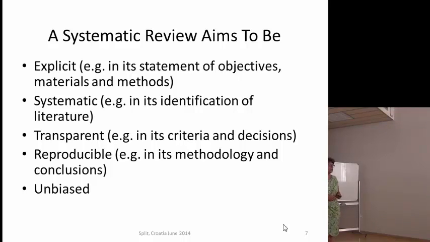And to the degree possible, a systematic review aims to be unbiased. I'm not sure if anybody can ever really get all the bias out of any human activity, but at least systematic reviewers recognize the proclivity towards bias and attempt to minimize it when humanly possible.